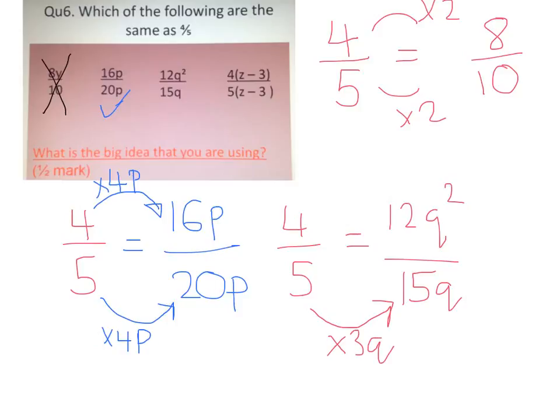And again, it doesn't matter which way round you pick it. 4 times 3q, if they're equivalent, 4 lots of 3 is going to give you 12q, but actually we've got 12q squared here. So if the squared part wasn't there, they would be equivalent, but because that is there, they are not going to be equivalent.